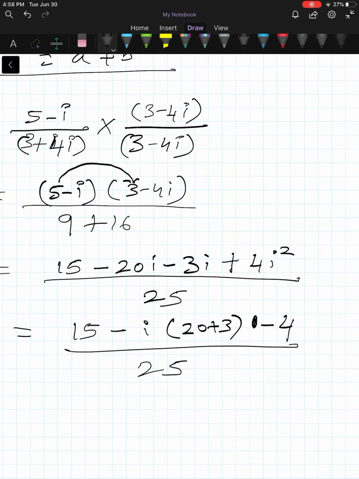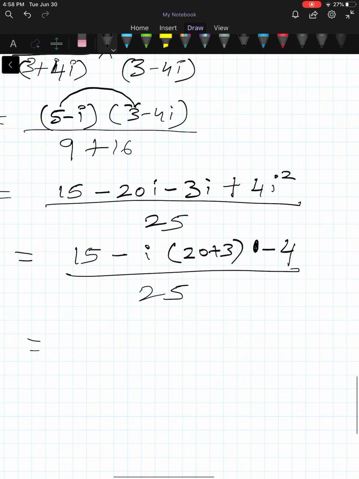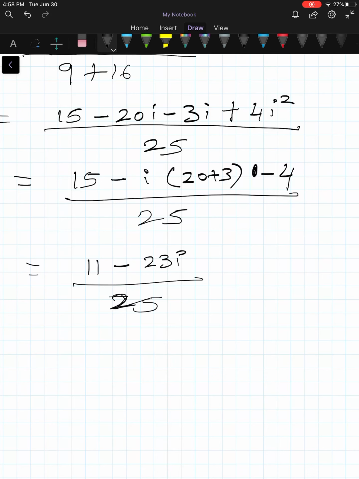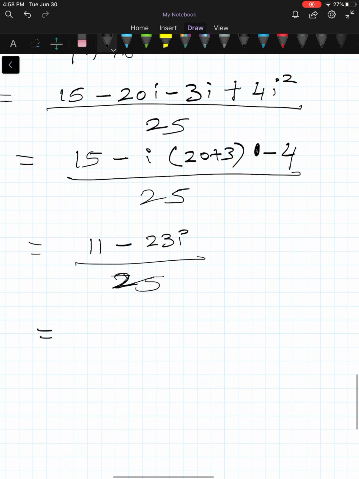So this will be 15 minus 4, which is 11, minus 23i, divided by 25. Now you are asked to express the result in the form a plus ib.